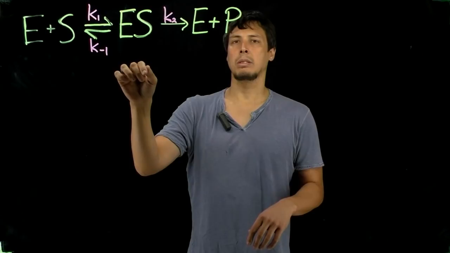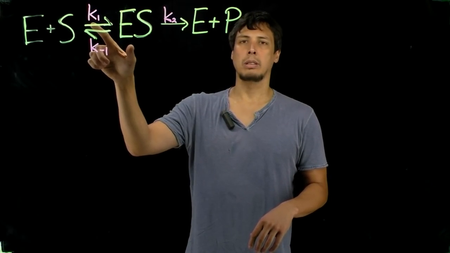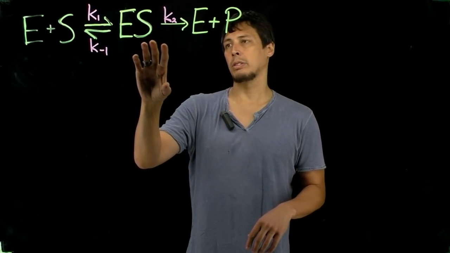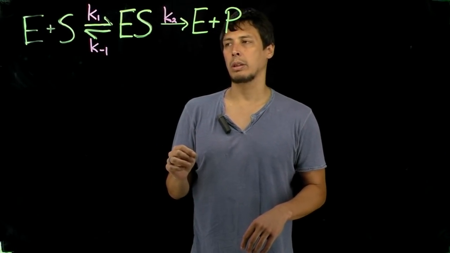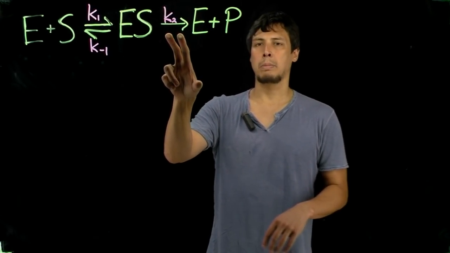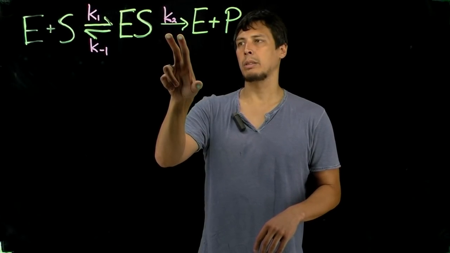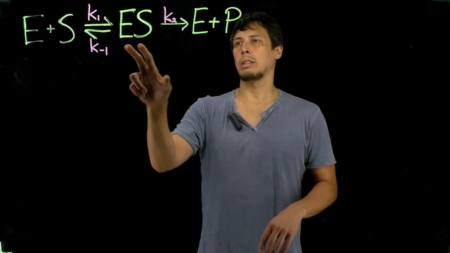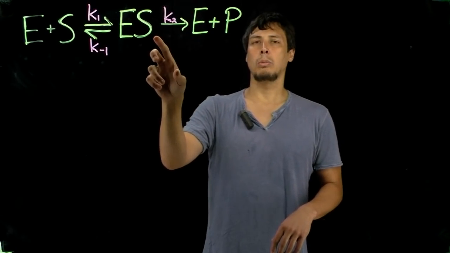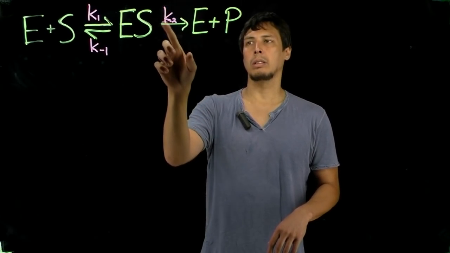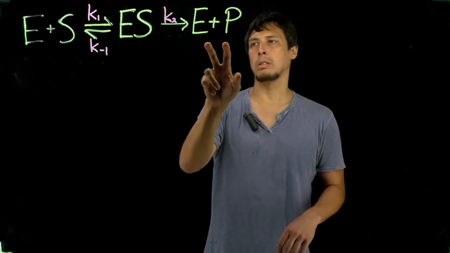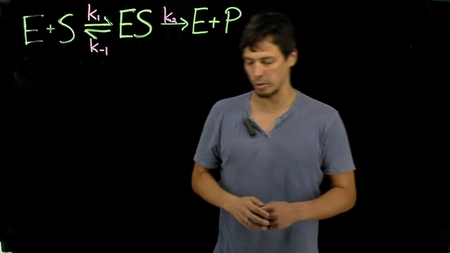You have a forward rate constant, which I've denoted as K1, and then a reverse rate constant for dissociation of the substrate from the enzyme substrate complex, which I've denoted as K-1. In the second step of this reaction pathway, the enzyme substrate complex is irreversibly converted to enzyme and product. So there's no back arrow. There's only one rate constant here, the forward rate constant for the conversion of the complex to E plus P, and that's denoted as K2.